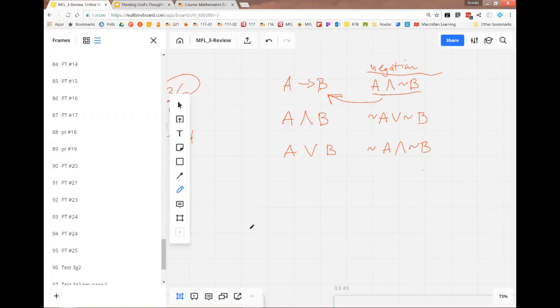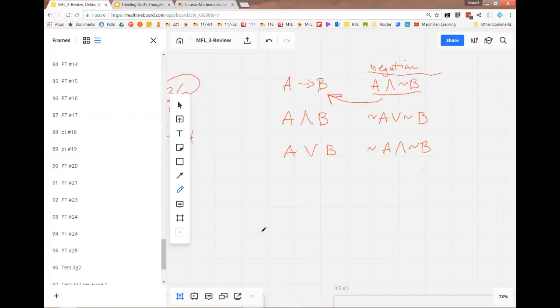Okay, so then another one on negation. Now I know you said that I was popping out by putting "it is not the case" in front of an and statement.